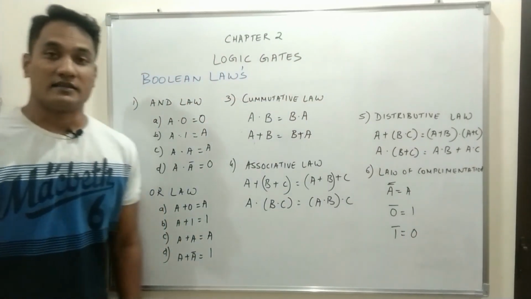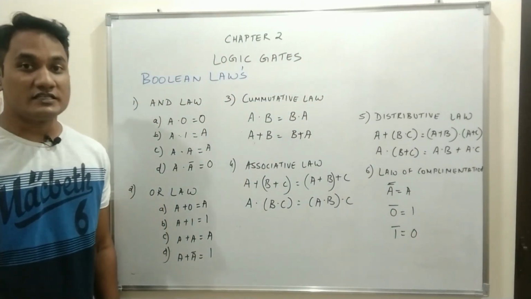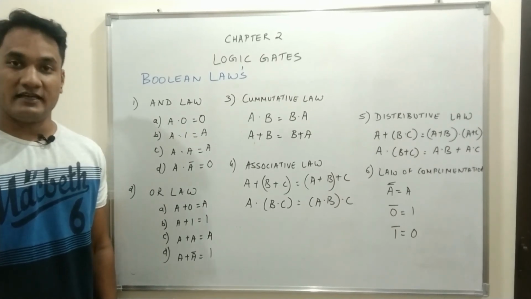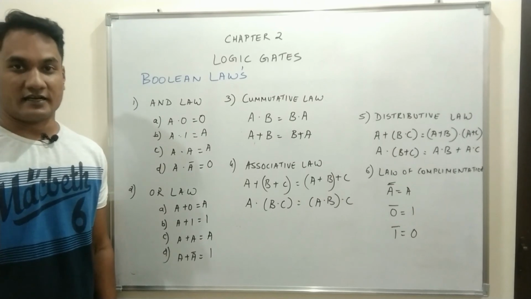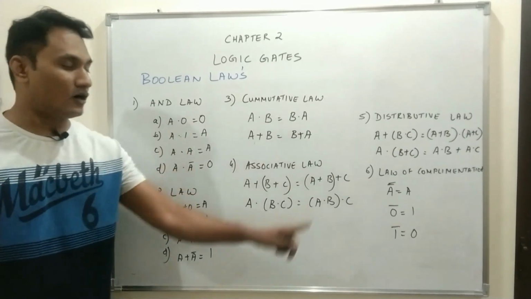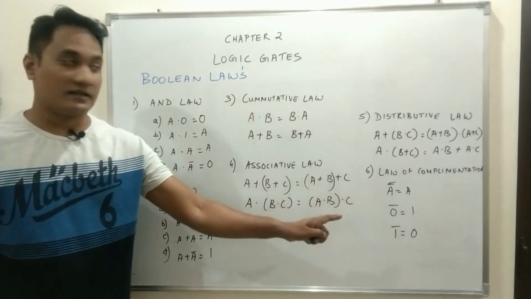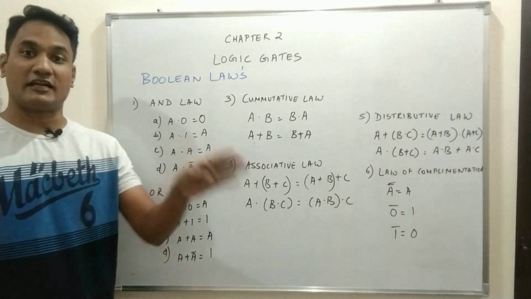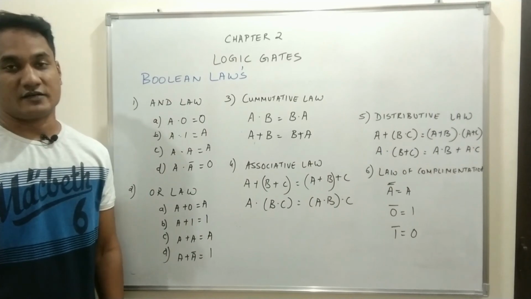So these are the 6 laws using which we will simplify a given equation for designing a simplified logic circuit. So it is very important that you understand all these 6 Boolean laws and remember all these laws so that we can implement them in the logic equation.